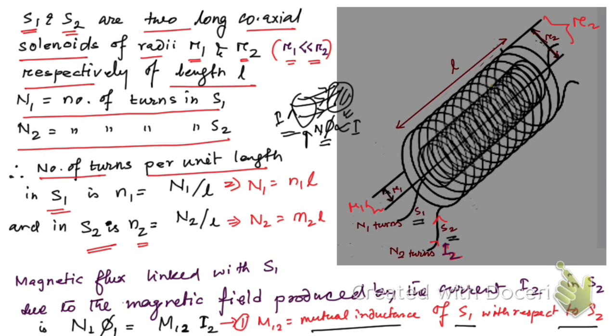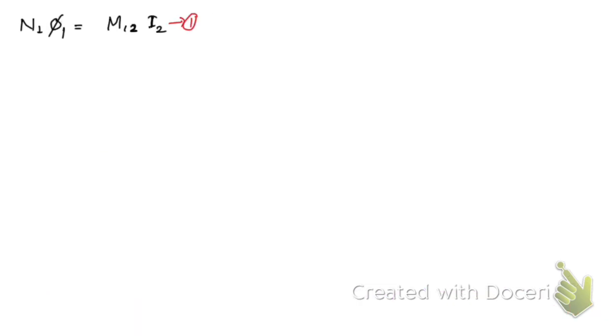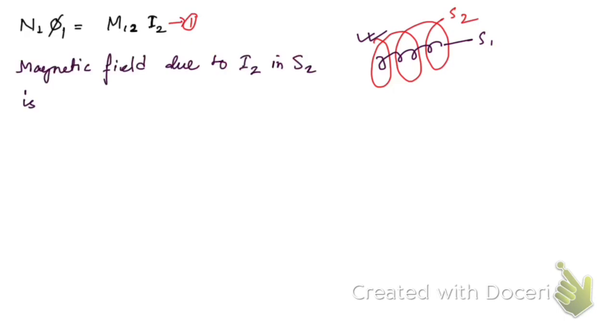Now let me copy this equation number 1 and take a new slide. So here is equation number 1. Now you see, this is the outer coil S2 suppose, and the inner solenoid is S1. This one is the inner solenoid, S1. Now you see the magnetic field due to this S2, the outer solenoid, due to the current I2 in S2, is given by mu naught n2 I2.